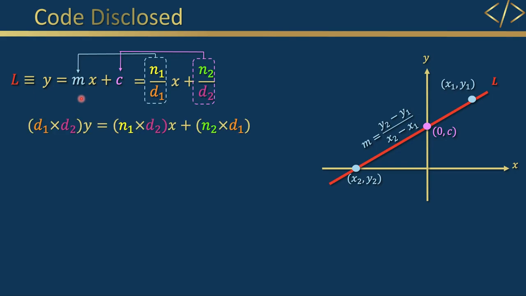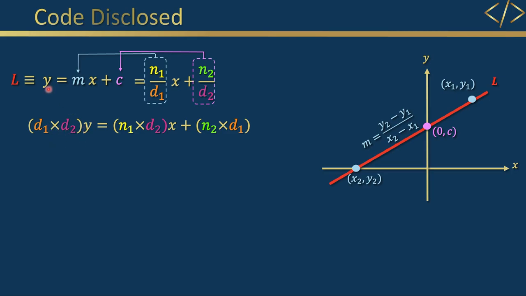Now we can try to make the right hand side have a denominator of d1 d2, and we want the left side to also have d1 d2 as the denominator, so we need to multiply d1 d2 with y.